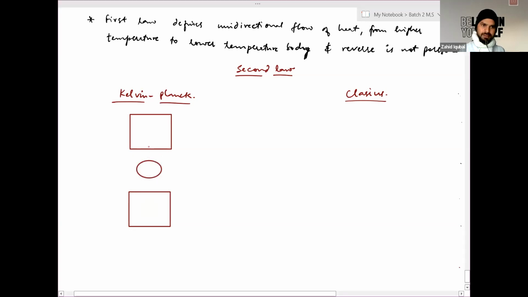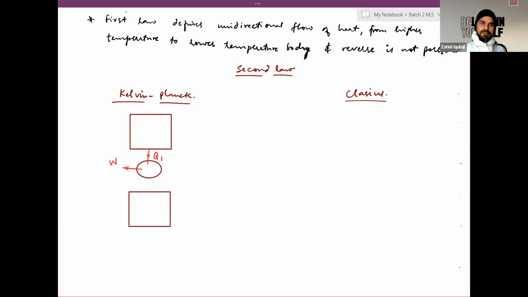Heat is being absorbed, that is Q1, and this entirely gets completely converted into work done without any loss of energy into surroundings. So efficiency of the heat engine will become 1 or unity, and it will not be possible. So it states there will be no process possible whose sole result is absorption of heat from a higher temperature body and complete conversion of heat into work done without any loss of energy. This will not be possible.